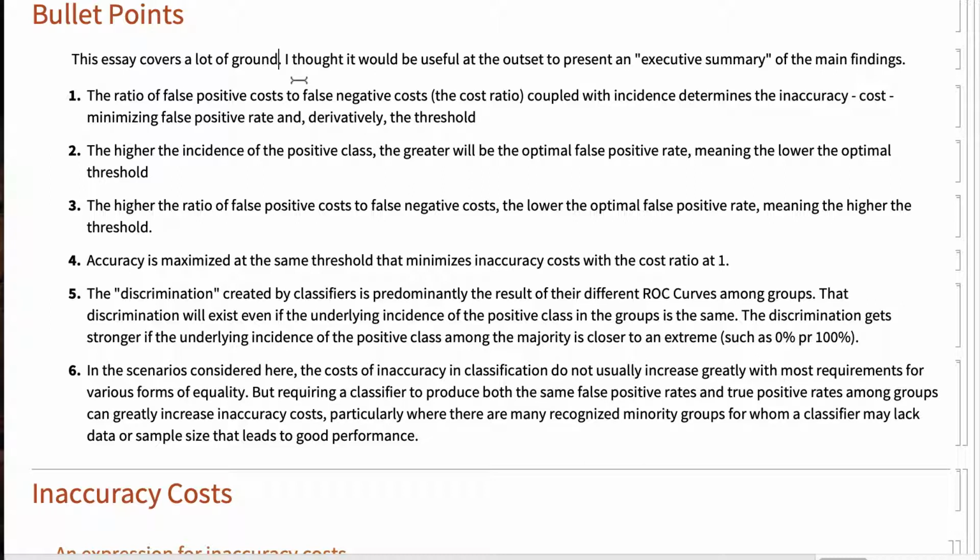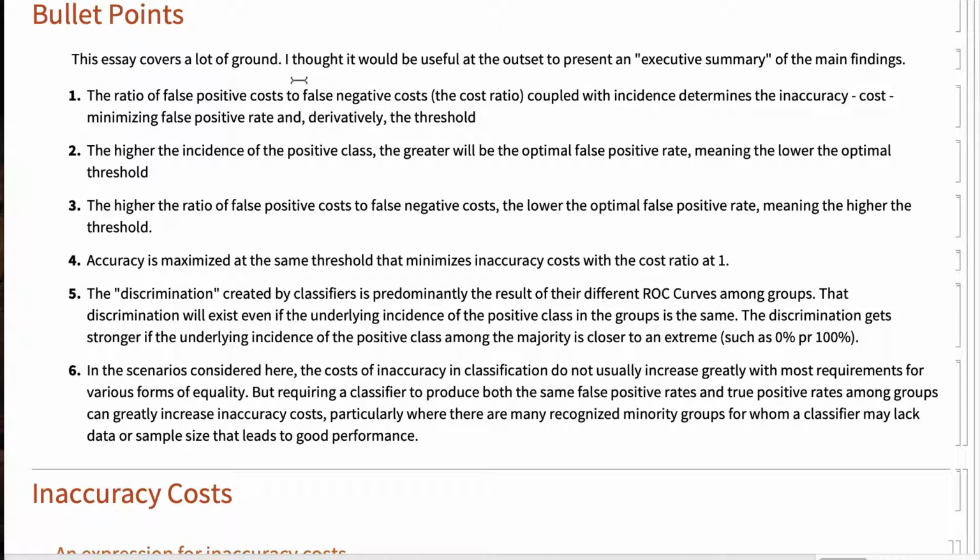The higher the incidence of the positive class, the greater will be the optimal false positive rate, meaning the lower the optimal threshold. Finding 3. The higher the ratio of false positive costs to false negative costs, the lower the optimal false positive rate, meaning the higher the threshold.